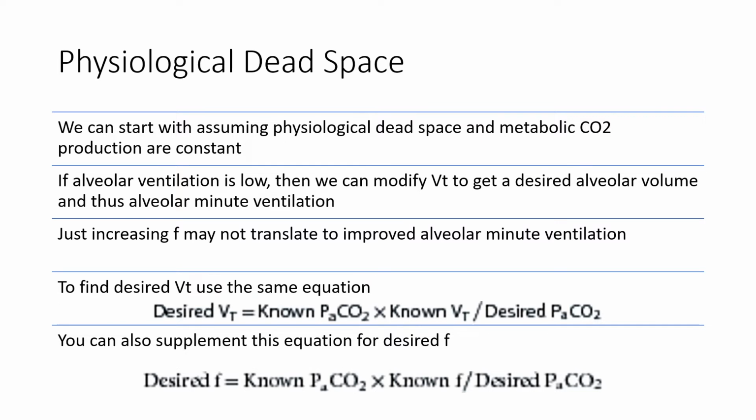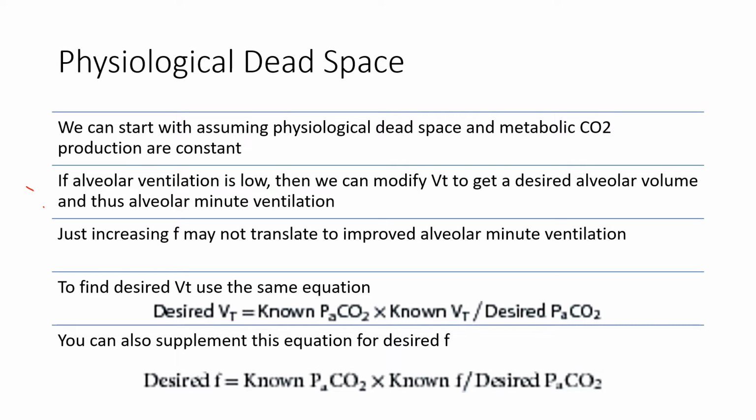If alveolar ventilation is low, then we can modify tidal volume to get our desired alveolar volume and thus alveolar minute ventilation. Increasing our rate or frequency may not improve alveolar minute ventilation, because if they have a high dead space to tidal volume ratio, if they're breathing rapid and shallow, and I just go up on the rate of the breathing but I don't change the shallowness of the breathing, then that's not going to help their alveolar minute ventilation.